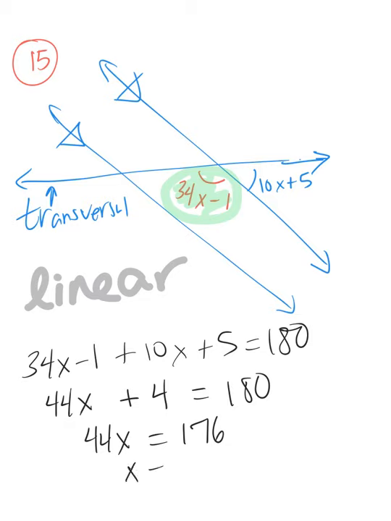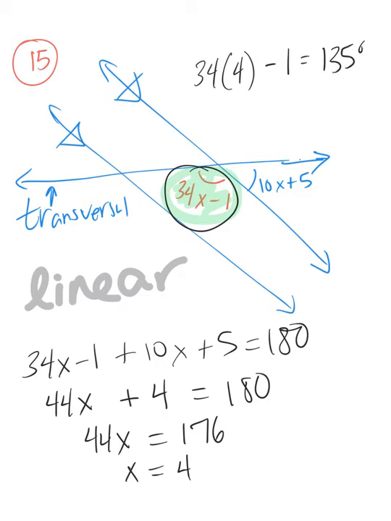And x should equal 4. And then you take that x equals 4, and you plug it back into that equation. So 34 times 4. 135.